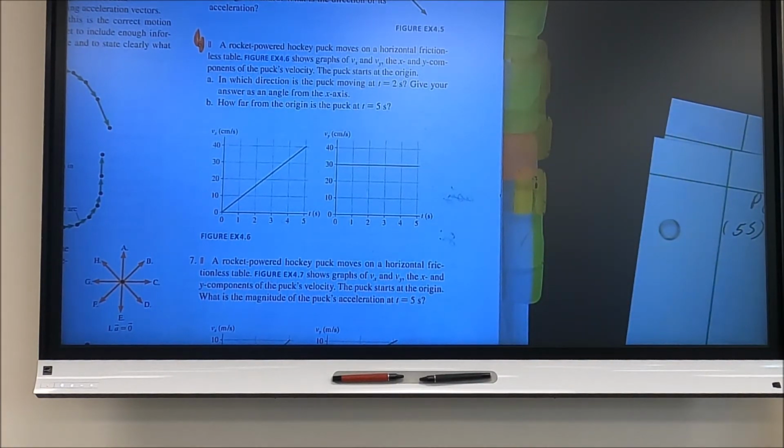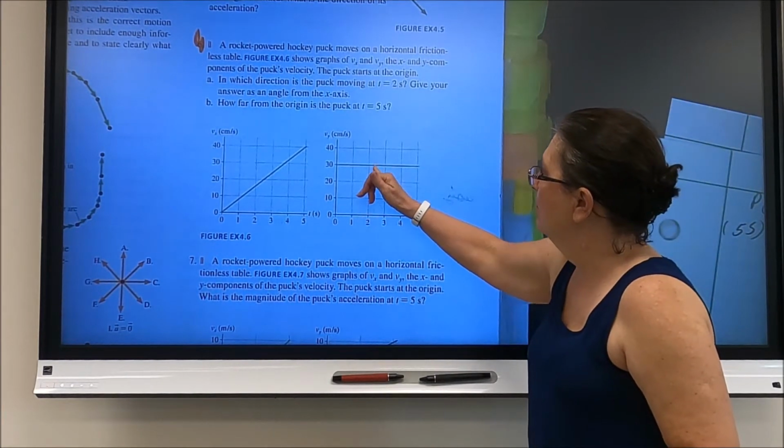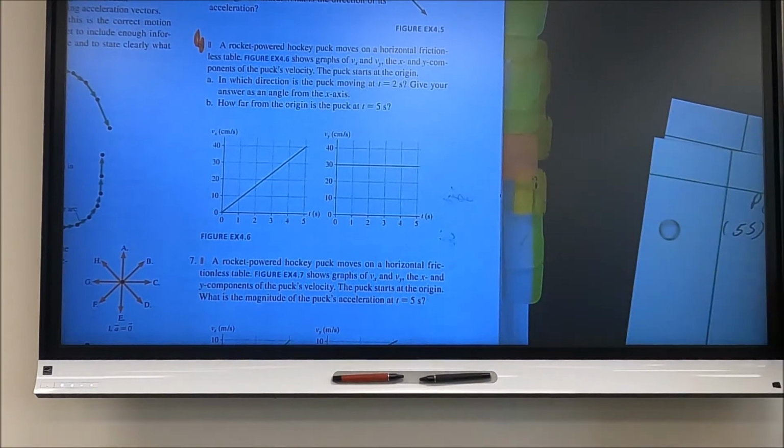Vx is equal to 15 centimeters per second, and that's positive. If you look at Vy, it's equal to 30 centimeters per second, and that's positive.